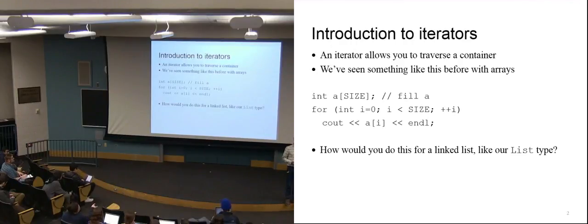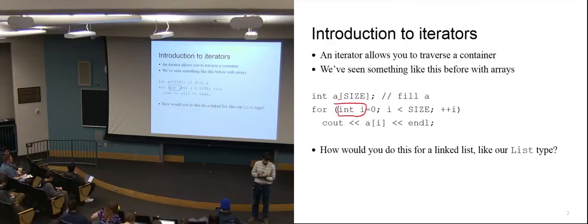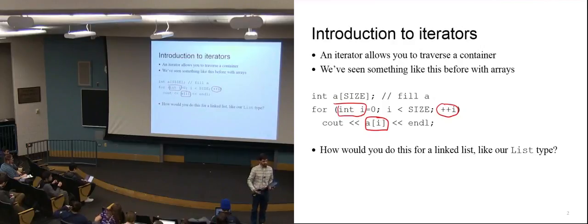All right. So an iterator lets us traverse a container. It lets us walk through a container. We've seen something really similar with arrays. Using integers to visit each item in an array is the same conceptual idea as iterators.